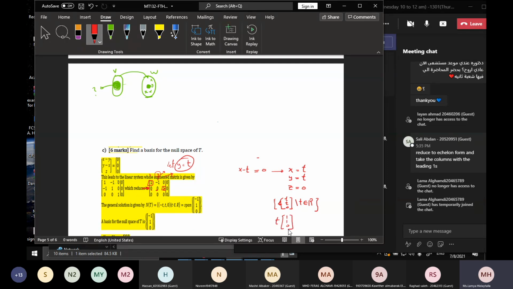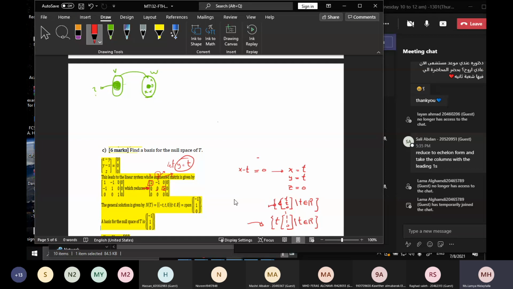This is the vector that will generate your space, such that t belongs to R, because all the vectors will look like that. So this is your set: the elements that look like this will be mapped to the zero element. How do they look? Give me one example of these vectors.